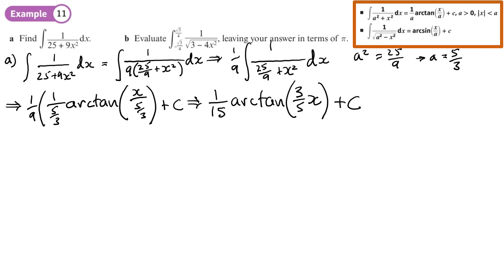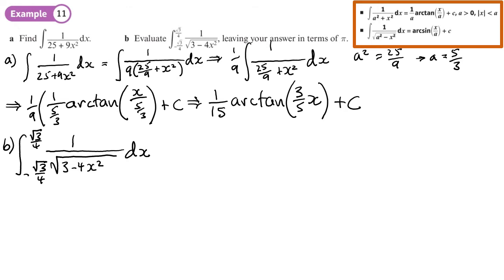Okay, part B. Here we've got some limits, and our limits are √3/4 and -√3/4. And we need to integrate this: square root of 3 minus 4x squared. Now we compare it with our standard results. Notice that I've got a minus here, so it's going to be this one.